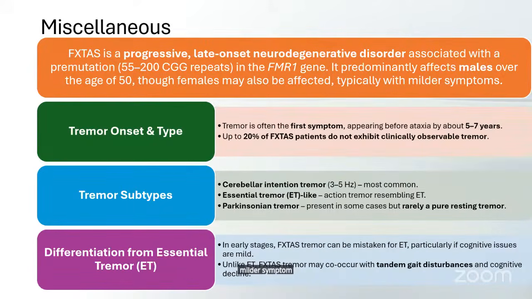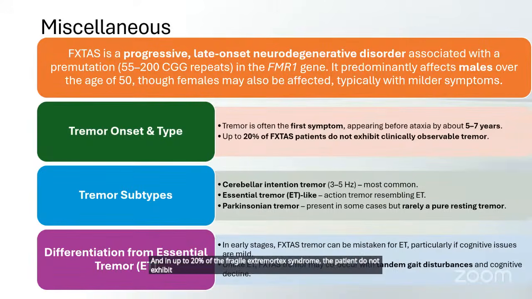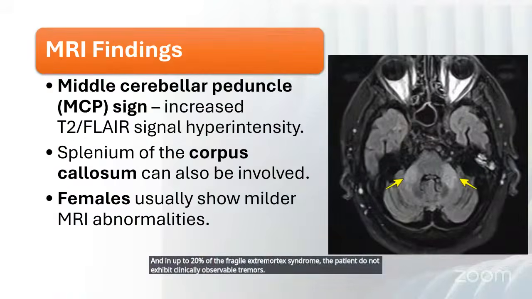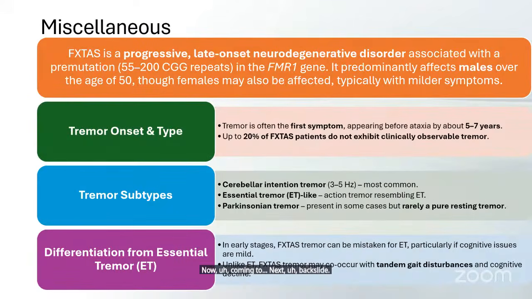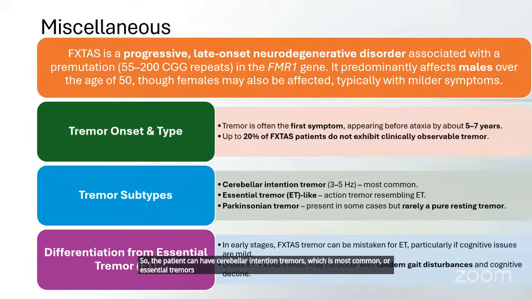So the tremors are often the first symptoms in these patients, occurring before ataxia by about 5 to 7 years, and in up to 20% of fragile X tremor ataxia syndrome patients do not exhibit clinically observable tremors. The patient can have cerebellar intention tremors, which is most common, or essential tremors, or Parkinsonian tremors.